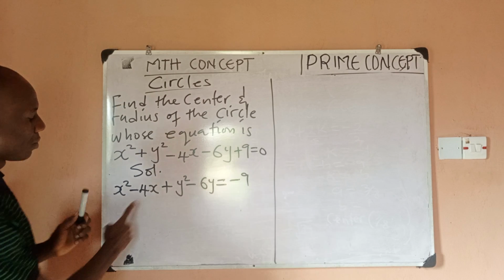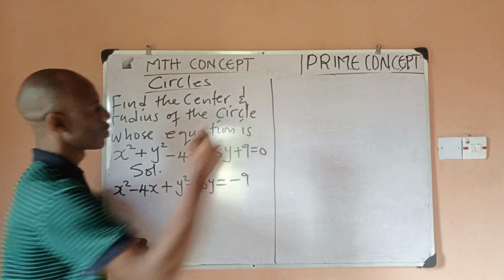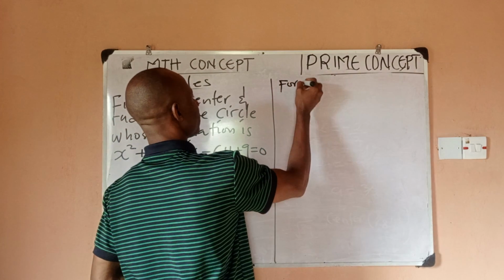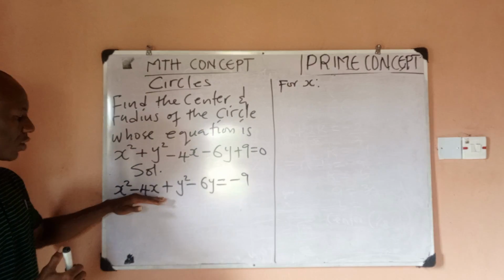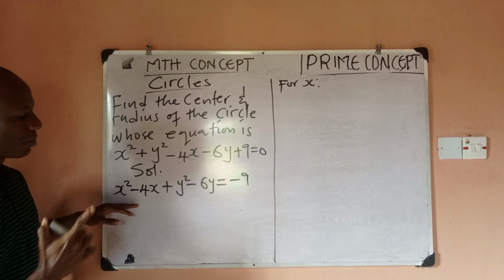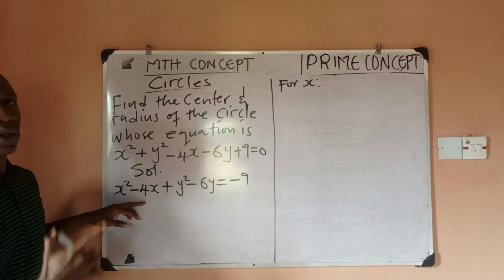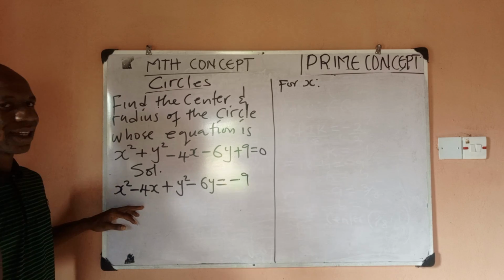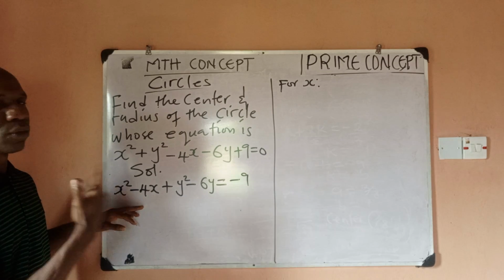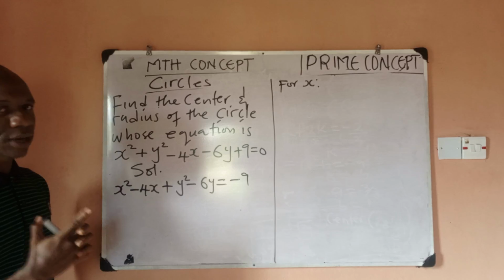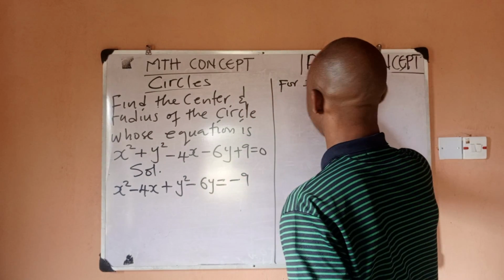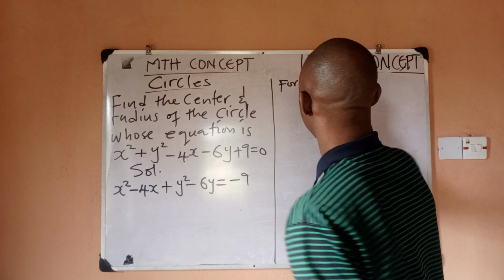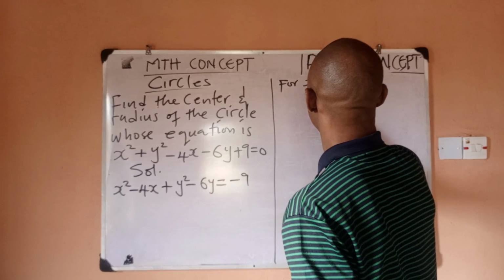I'll be looking at the coefficient of x. Remember, the completing the square method says, if you're solving for x, multiply the coefficient of x by 1 over 2 and square it. Add this to both sides of the equation, right? So the coefficient here is minus 4.